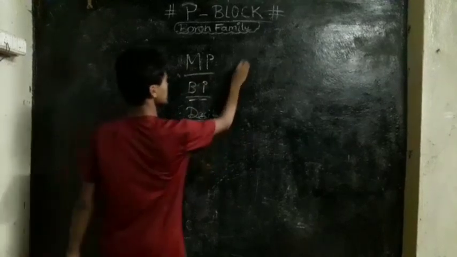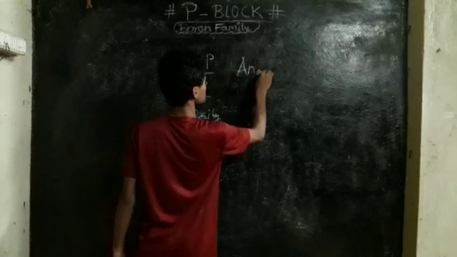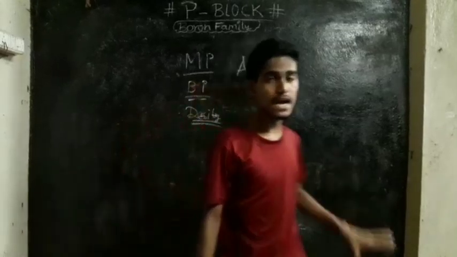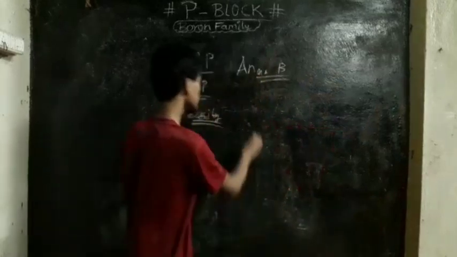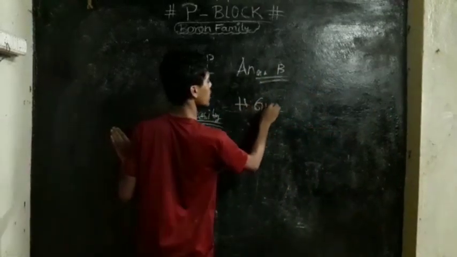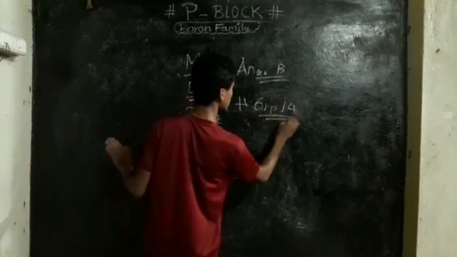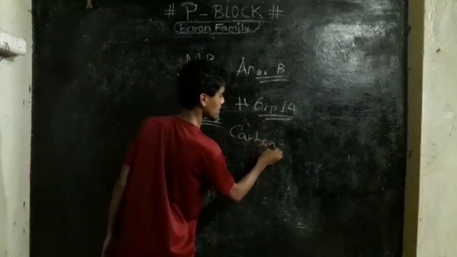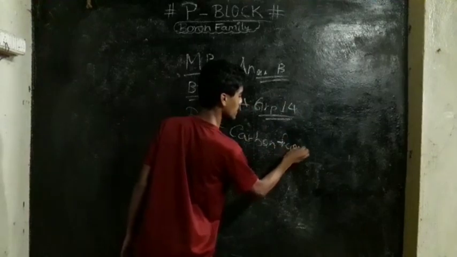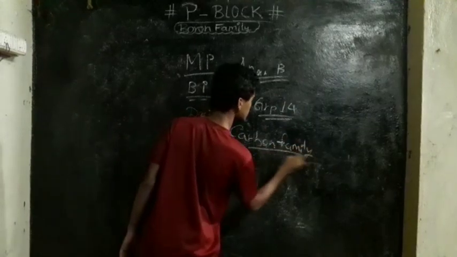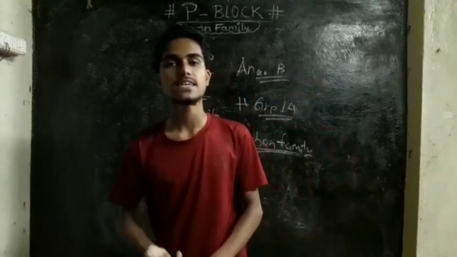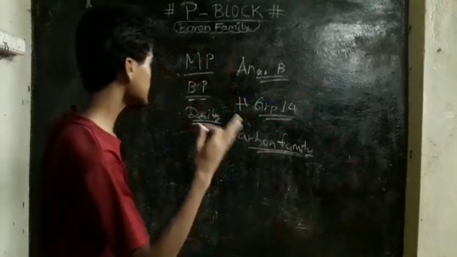Also we have the anomalous behavior of boron. All the remaining things are added in the report, plus the information about group 14 elements, that is the carbon family, is also added in the report. The chemical properties, physical properties, catenation, and all the reactions are added in that report.